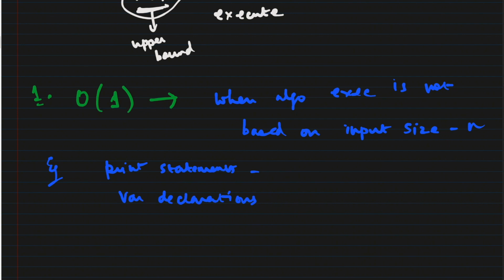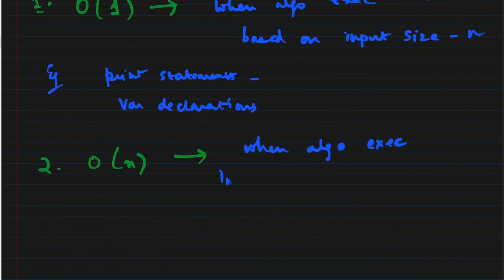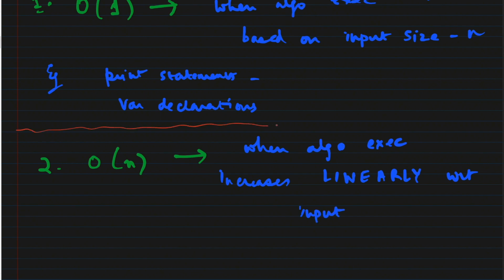The next one is the most important and frequently used, order of n. What it means is that the algorithm execution, and pay attention over here, increases linearly with respect to the input that we have given. Just draw one demarcation line over here so that you can understand.